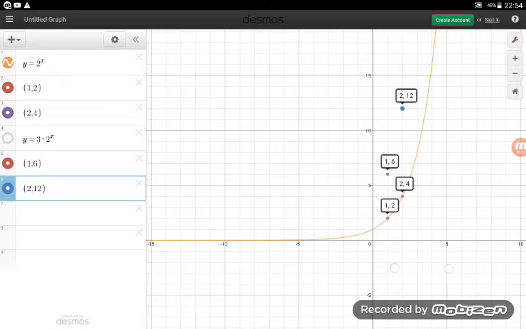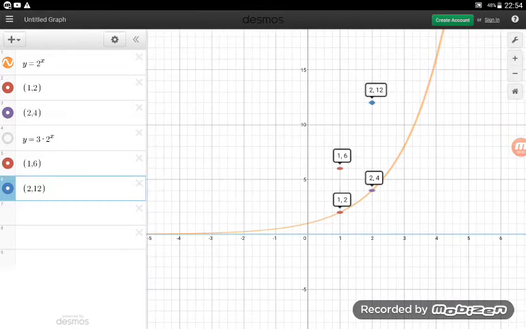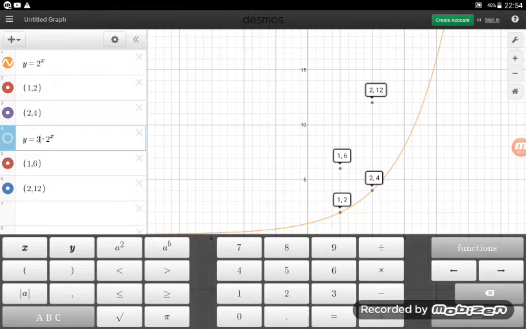Okay, so we have these 2 points, 1, 2, because this is a vertical transformation, the x stays the same, and the y is multiplied by 3 because of the 3 that we're multiplying here. Same thing with 2, 4, the x coordinate stays the same, but the y coordinate, we multiply 4 by 3, it gives us 12.